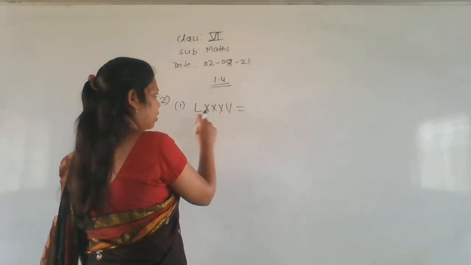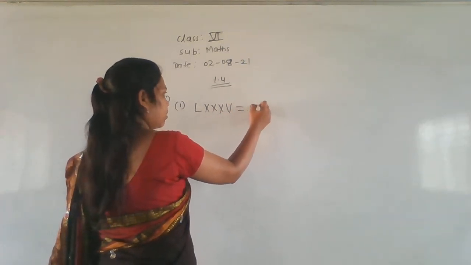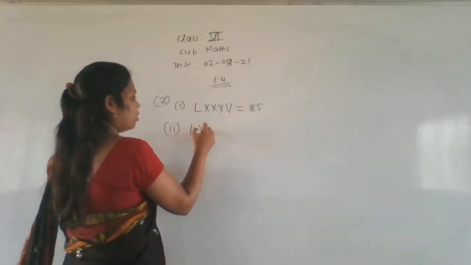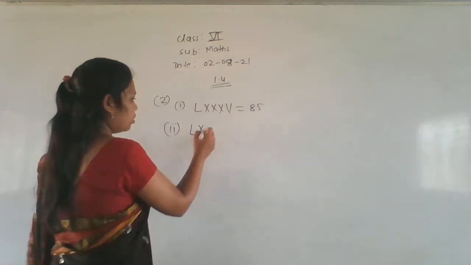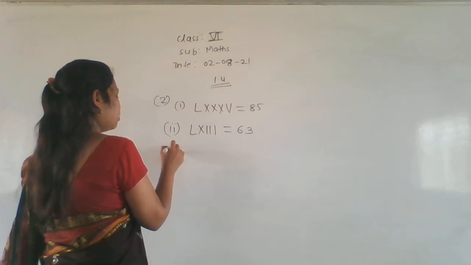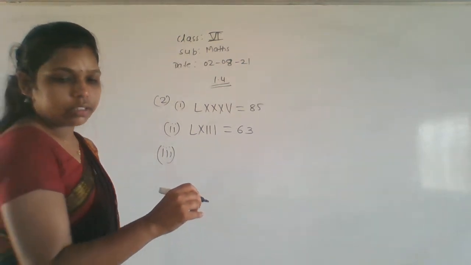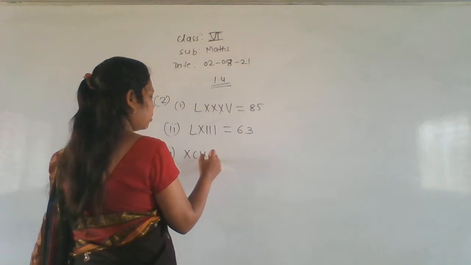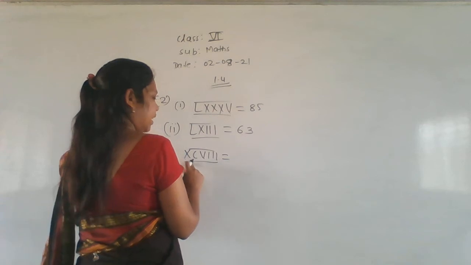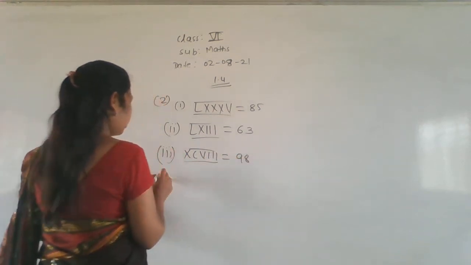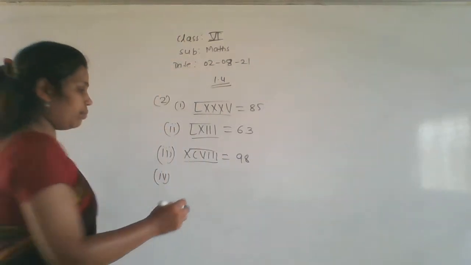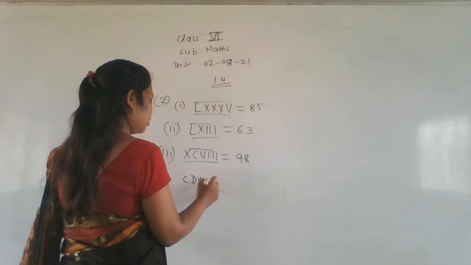LXXV, finding 85. Okay. Second one. It means 63. Next, third one is XC. It means 98. Fourth one, CDXVI.